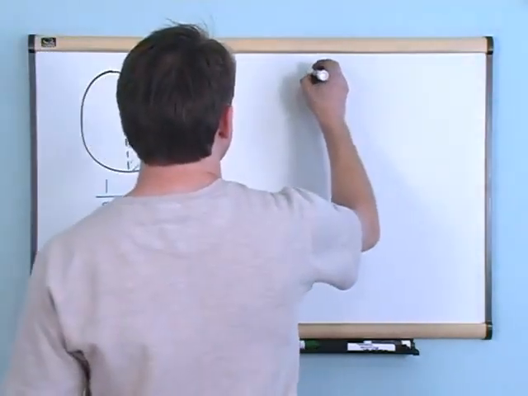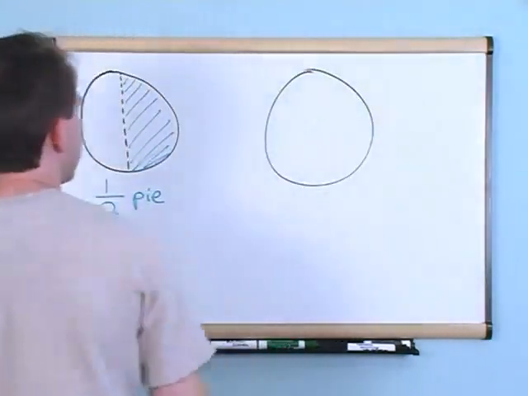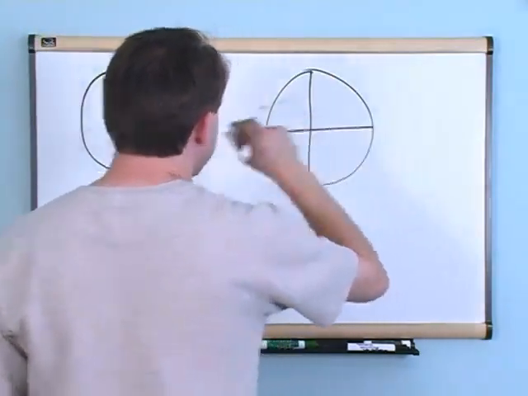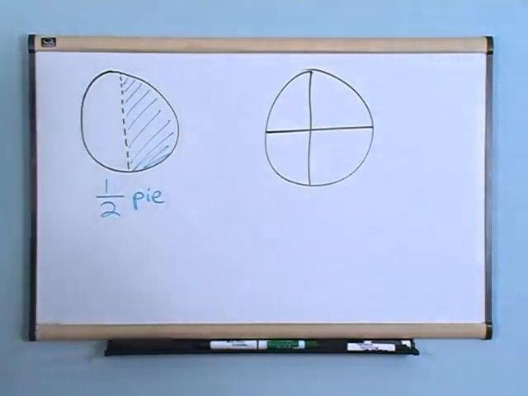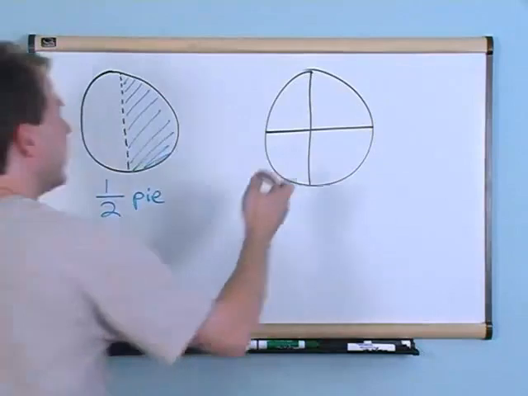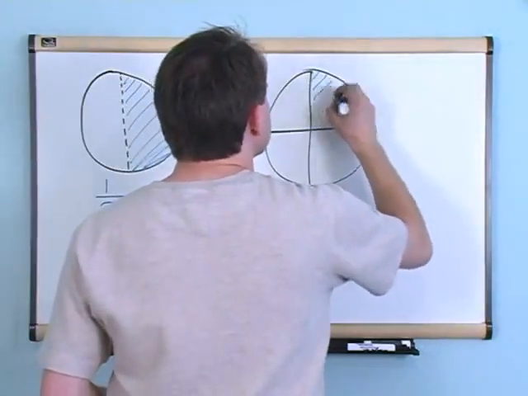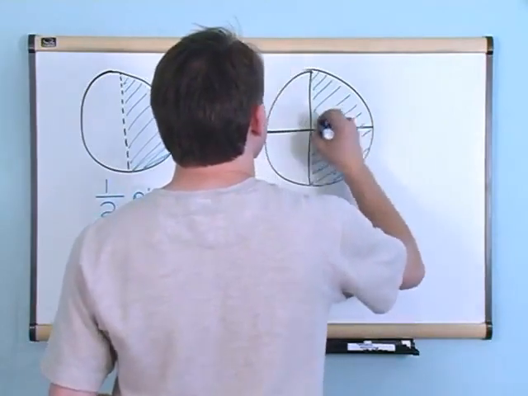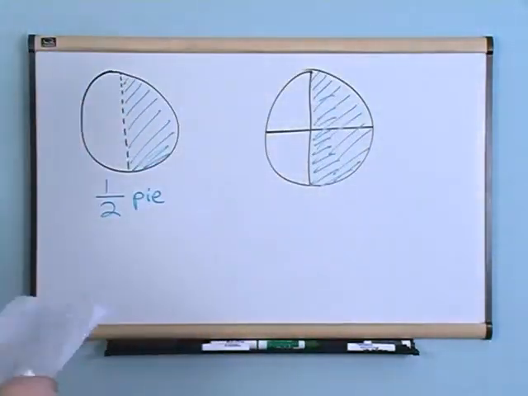What if I have another pie and I cut it again just like in the previous board like this? But I don't just take one piece of this pie away. I take 2 pieces away. So I'm going to take all of this. I'm going to take 2 pieces of pie and I've cut it into 4 pieces.